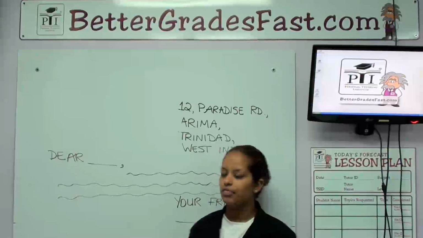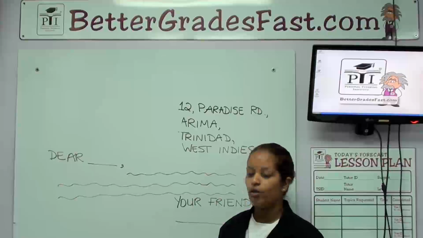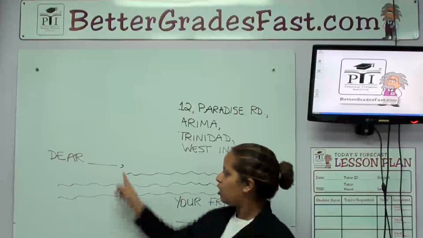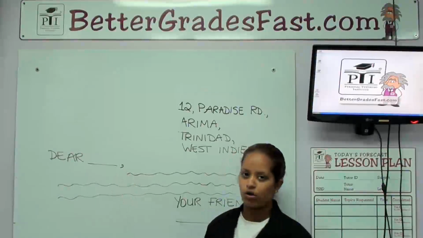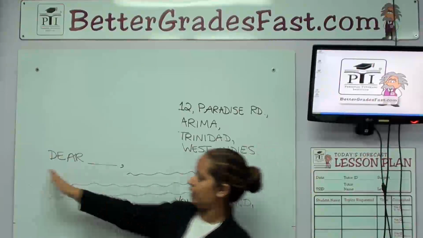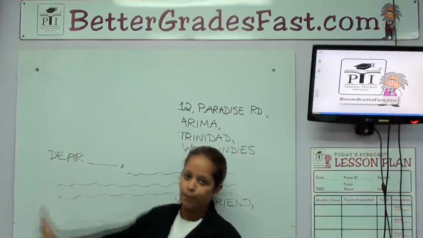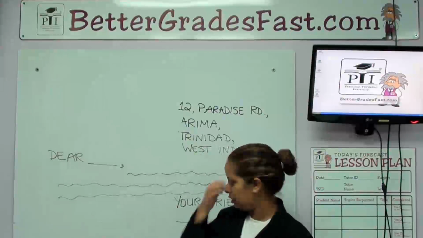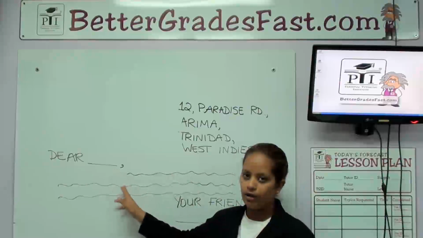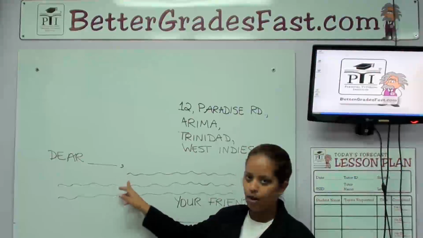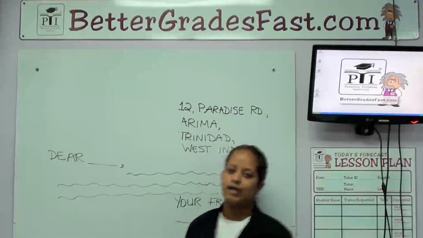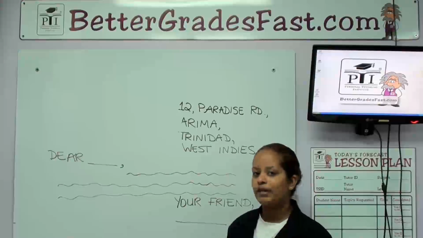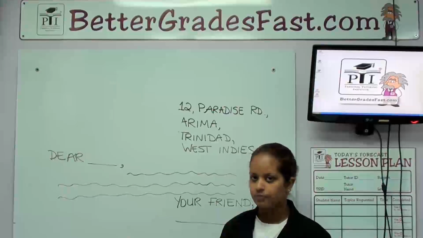You then begin the body of your letter or the main content on the line below, a little way from your comma. Do not begin at the beginning of your page by the margin. Start some way away from your comma, but on the next line. The body of your essay would change according to what you are writing about.